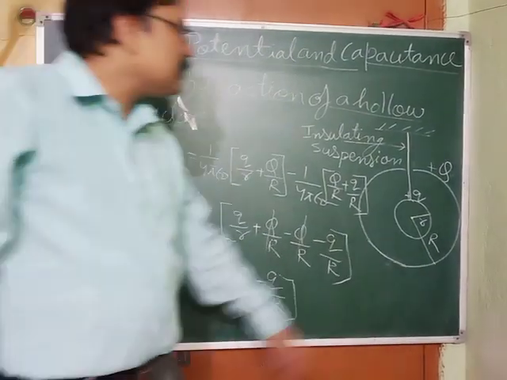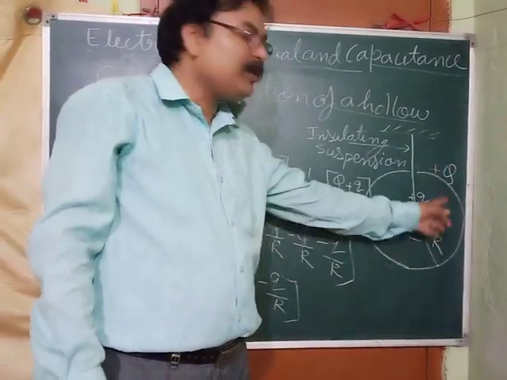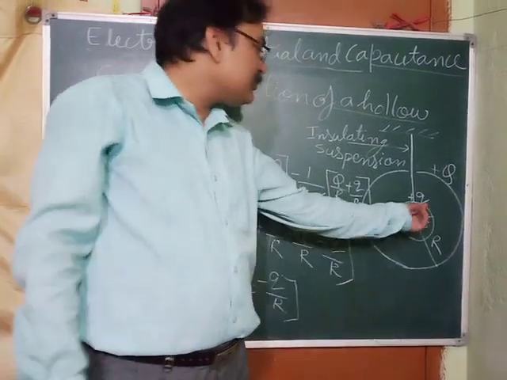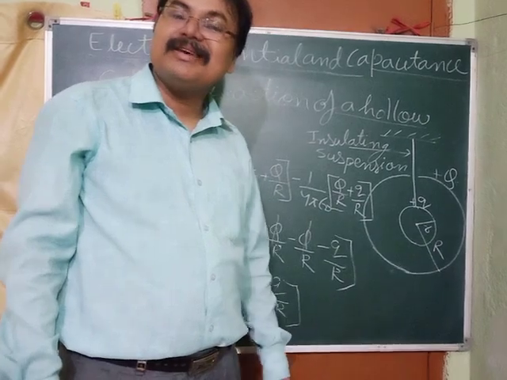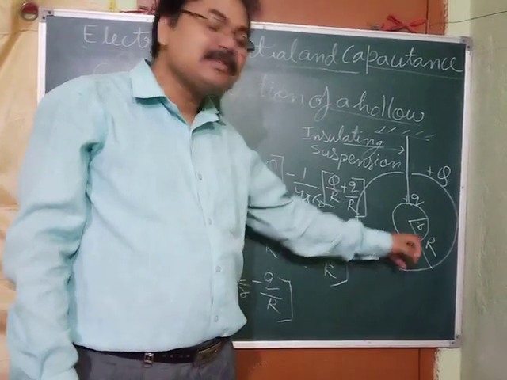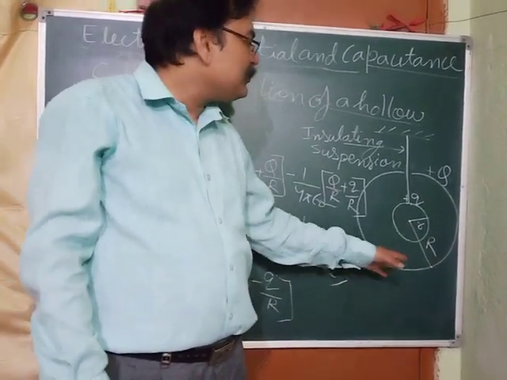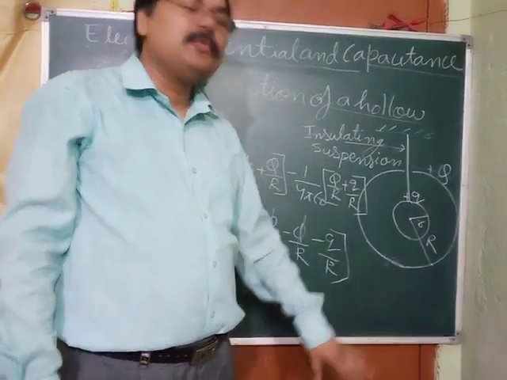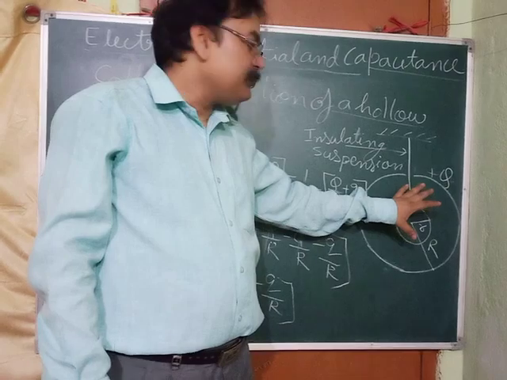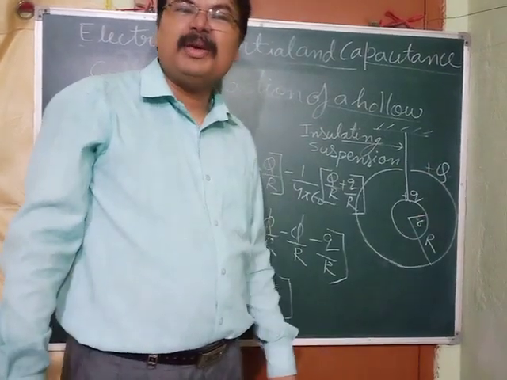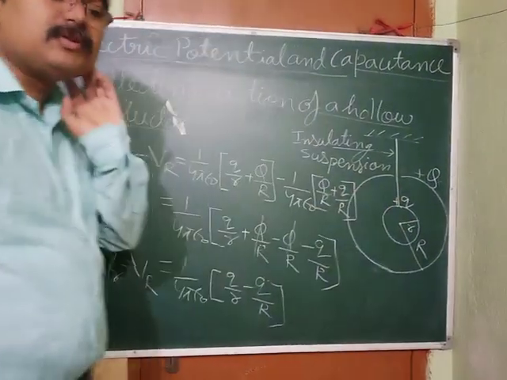Whatever charge is there, due to that the same potential is already there inside, so even a small charge would add to the potential of the inner cell. That's why the whole charge will flow out. Only then will the potential become the same throughout, and only then will the flow stop.